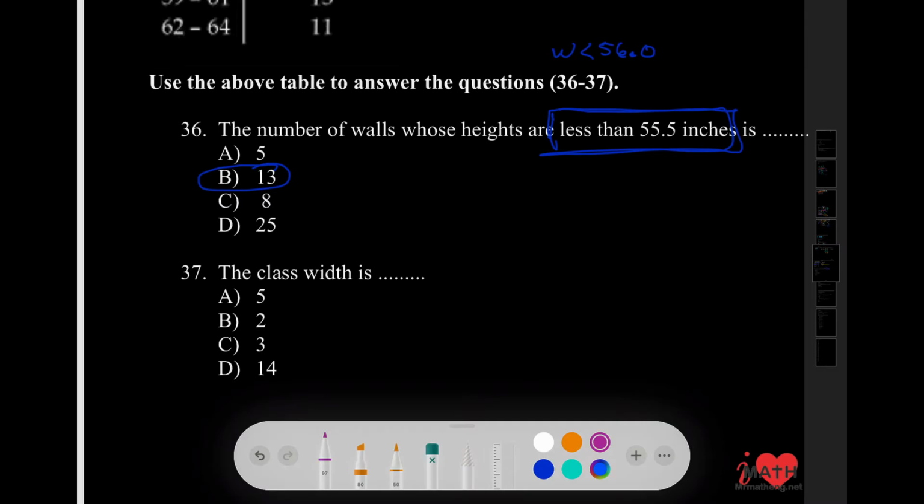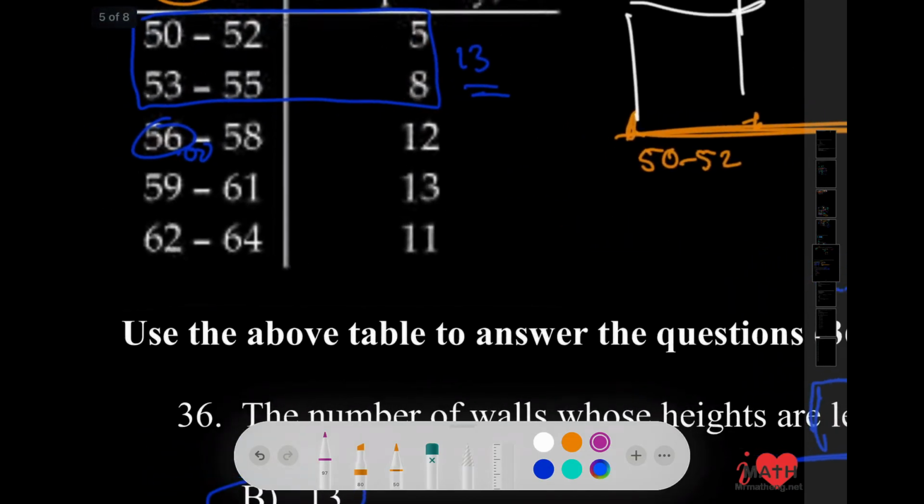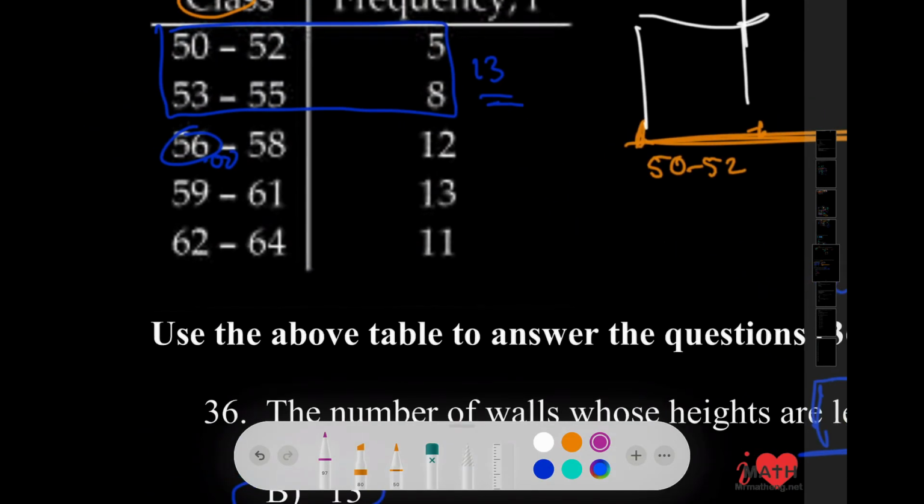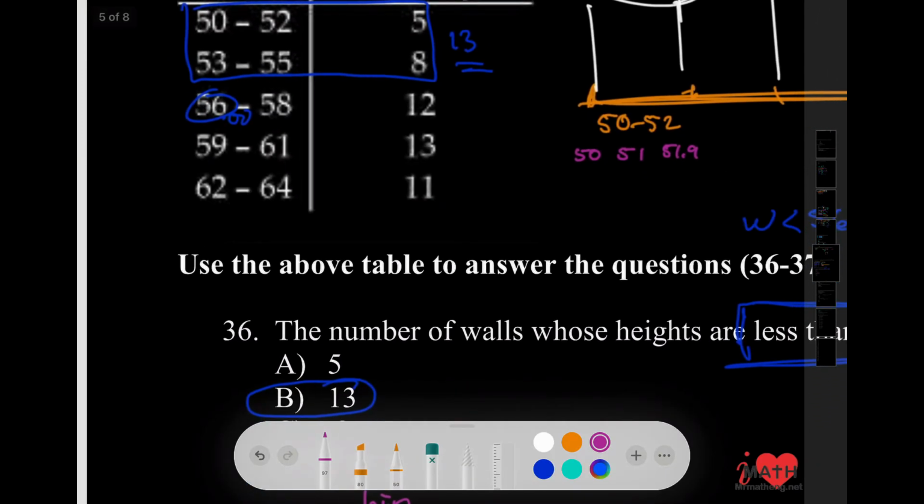All right, what is the class width? Or you can think of it as the bin width, okay? So again, what does this orange here represent? This represents 50, 51, and like 51.9, okay? I think the next one was 53.0 to 55.9 in some ways.